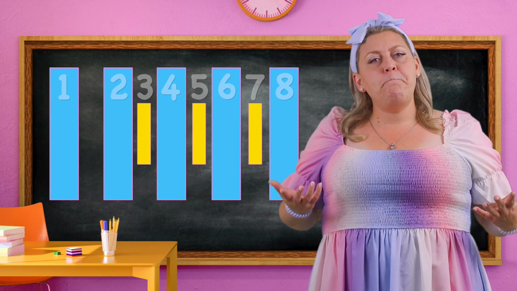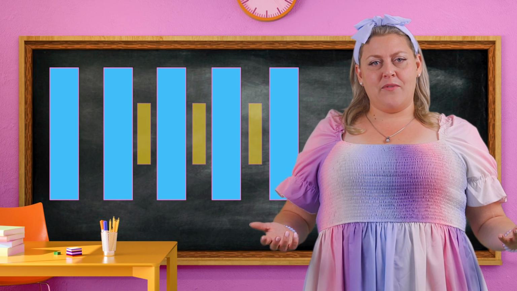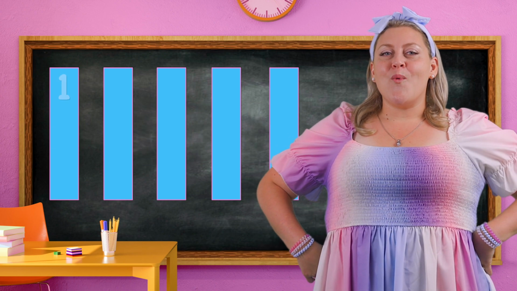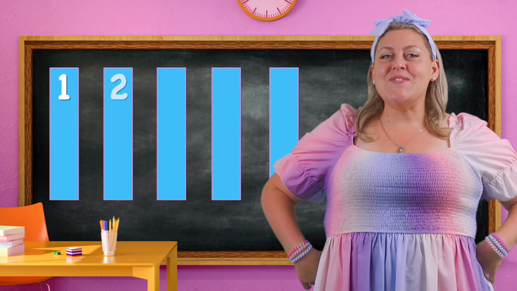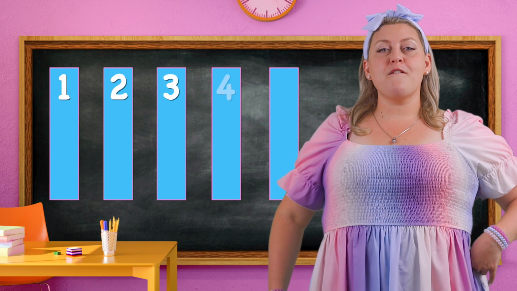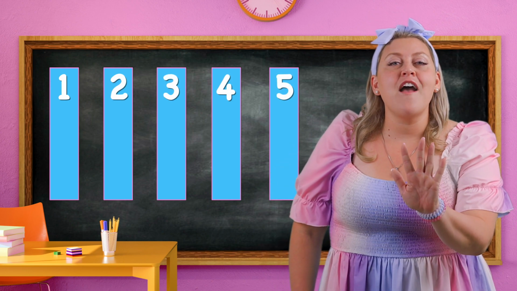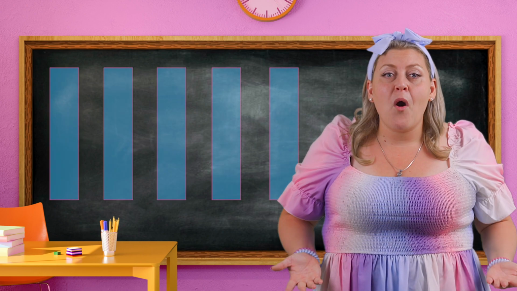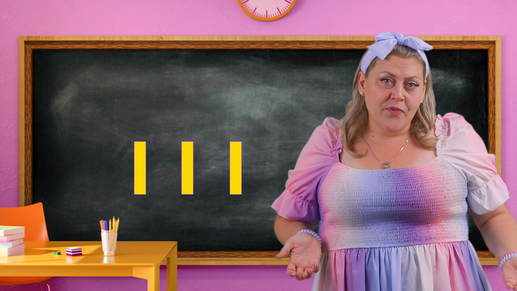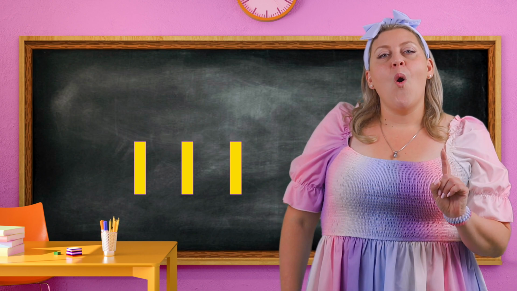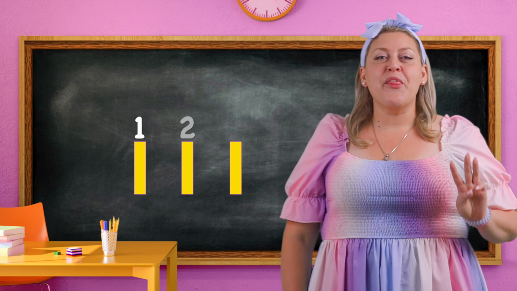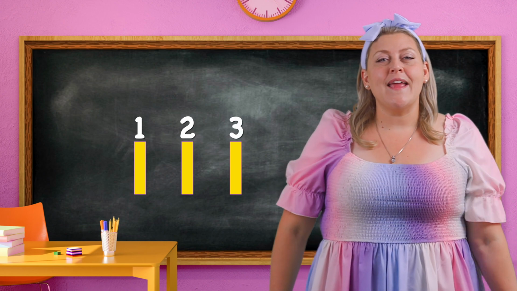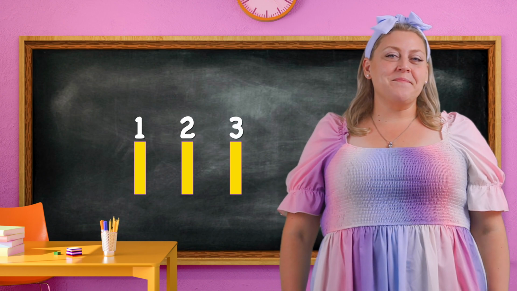How many big rectangles can you count? 1, 2, 3, 4, 5. 5 big rectangles. Great. How about the small rectangles? Can you count them? 1, 2, 3. There are 3 small rectangles.